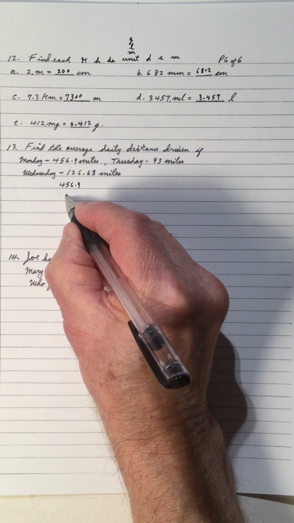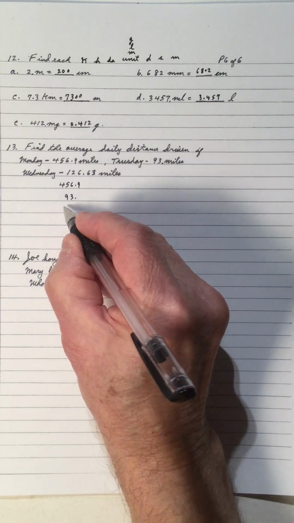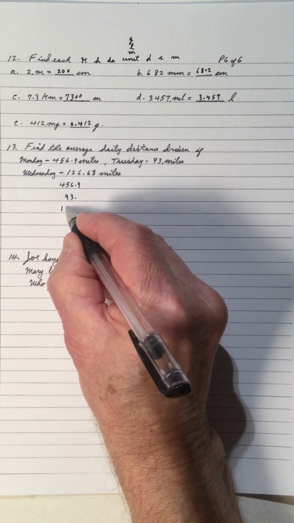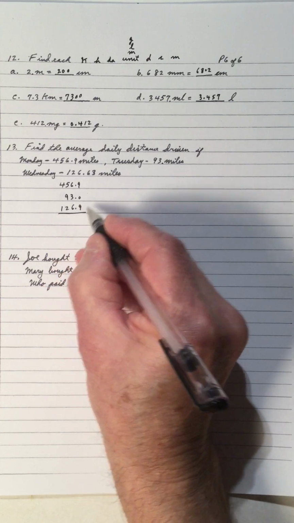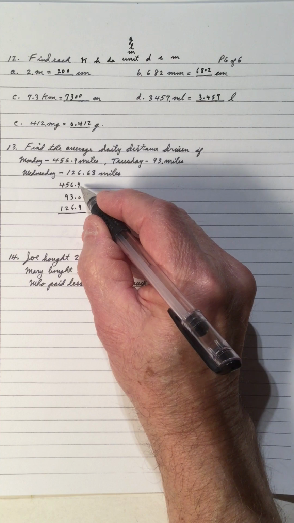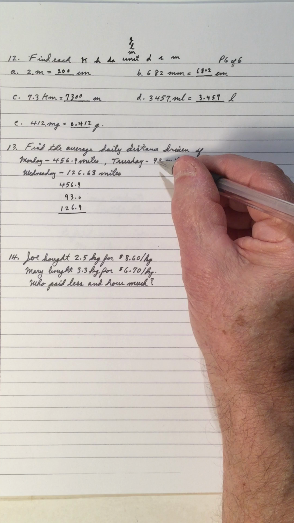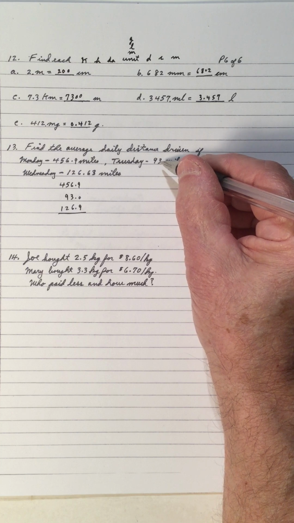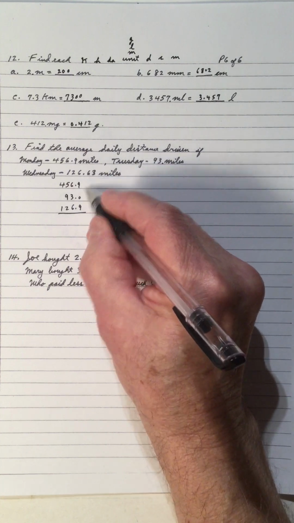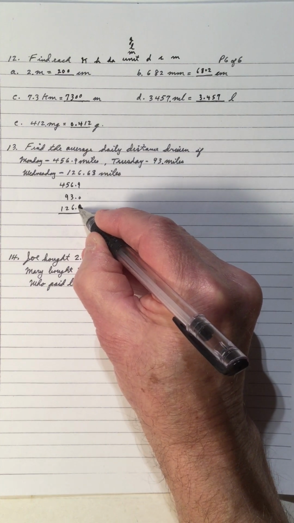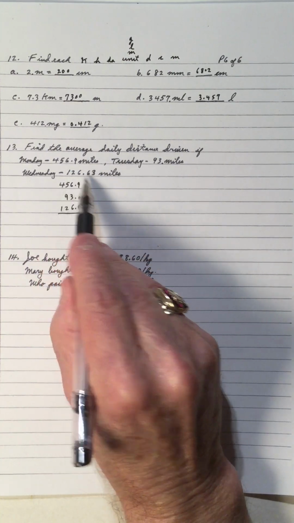And we got a 93 to decimal 0, and we got 126.6. See, almost wrote it down wrong again. Not careful though. Gotta be careful.